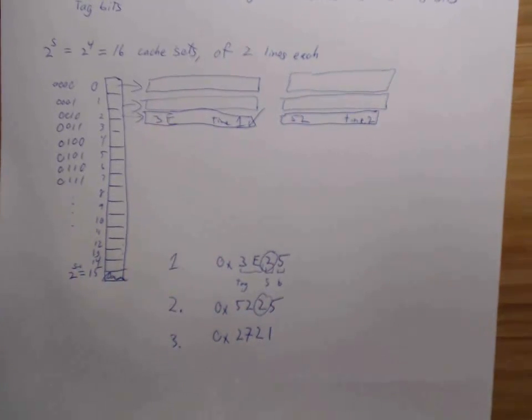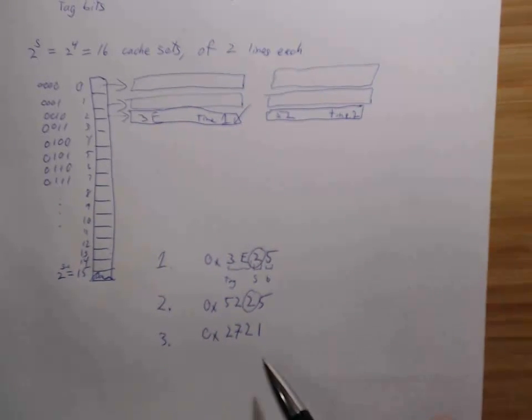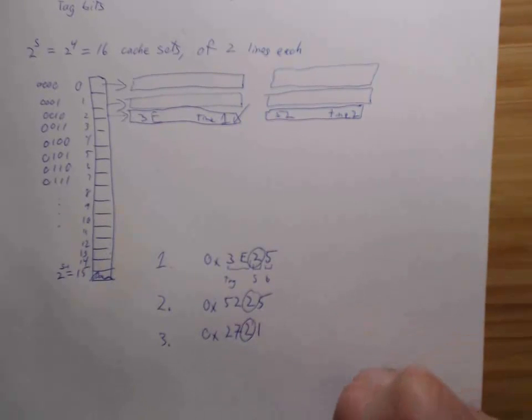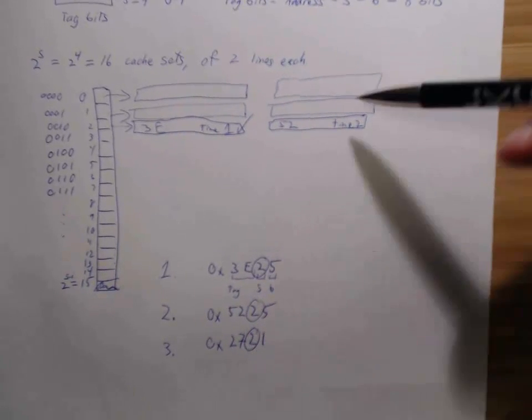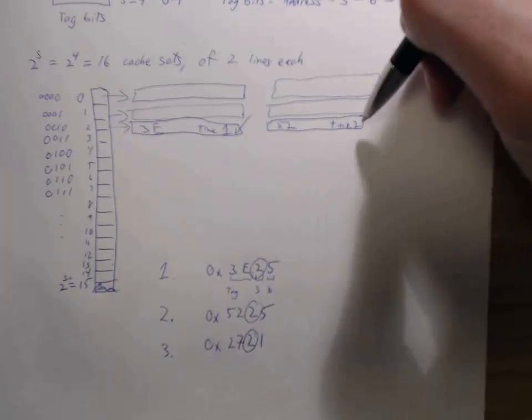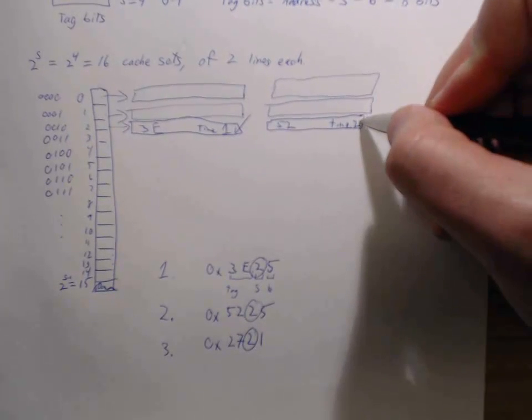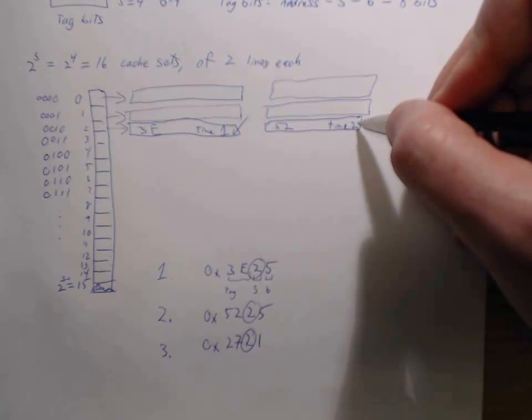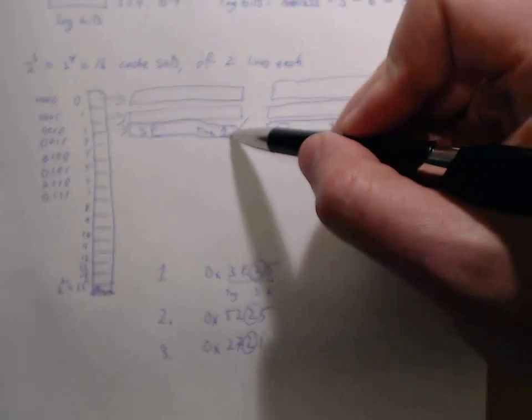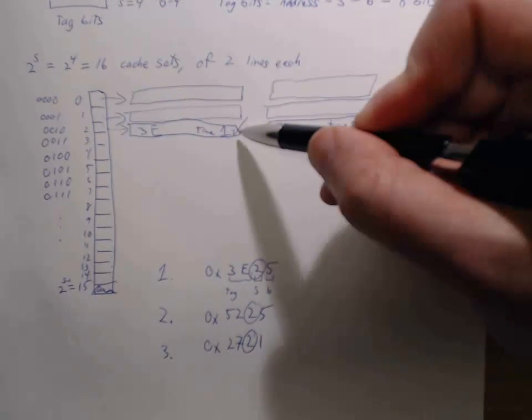0x2721. So if I try to do this one here, I also have set 2. So I go to set 2. There's already 2 things in the cache that are valid, so I need to evict one, and the one that I'm going to evict is the older one, the one that's least recently used.